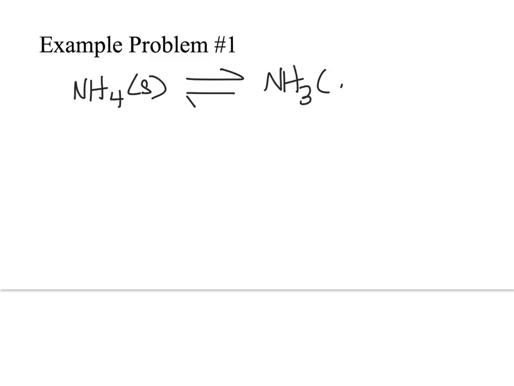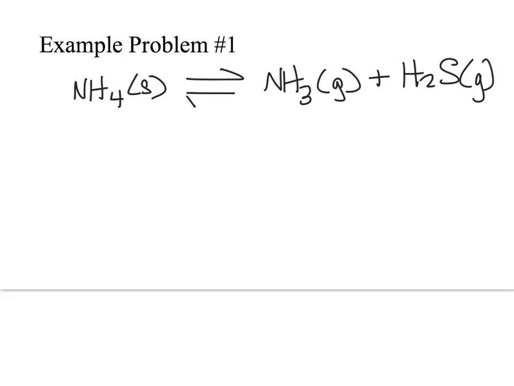Let's look at an example problem. We have an equilibrium problem. NH4HS solid is in equilibrium with two gas products, NH3 gas plus H2S gas.